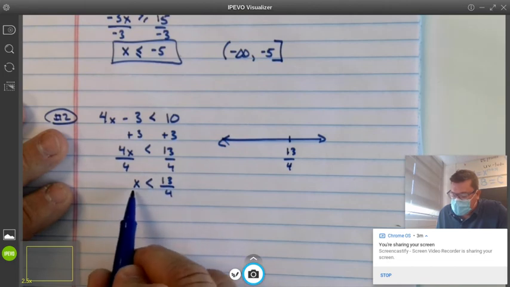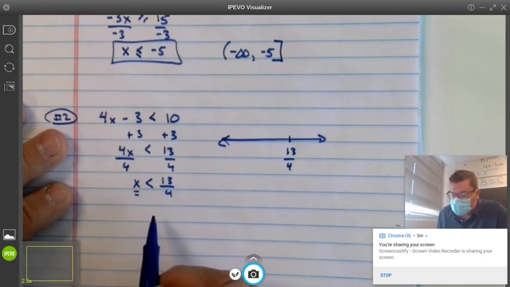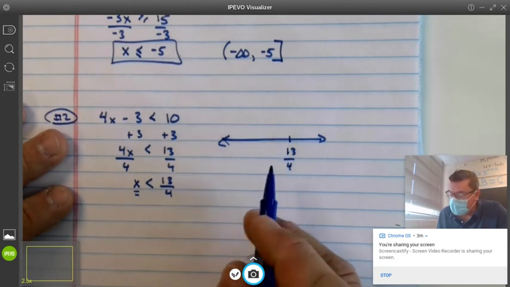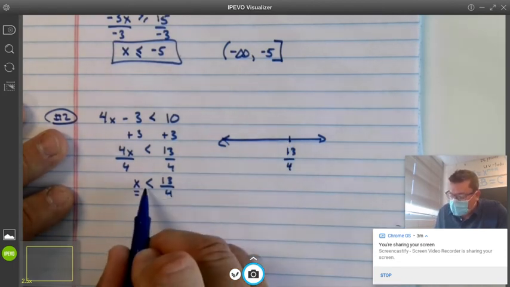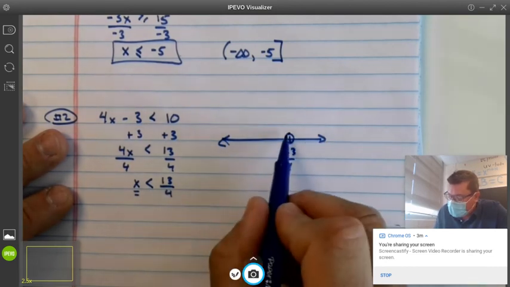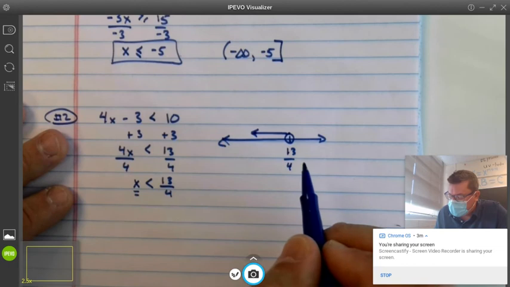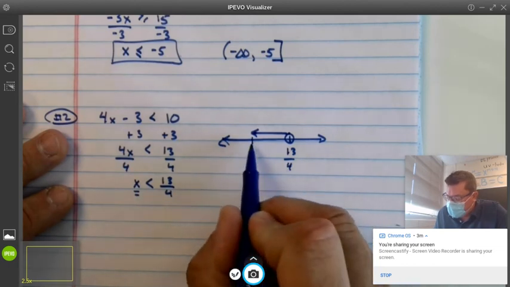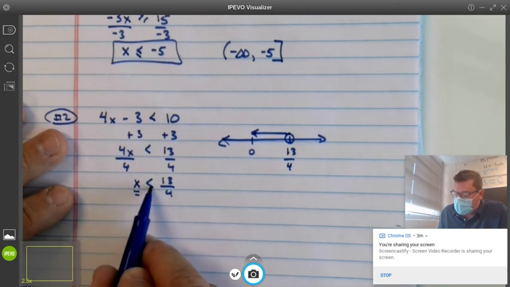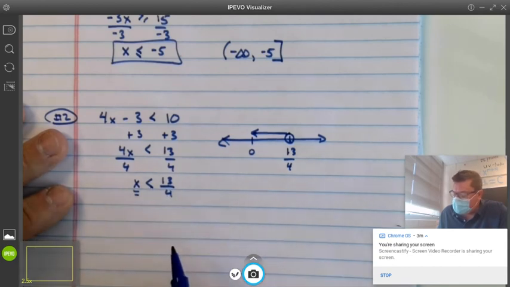The arrow, as long as the variable is on the left-hand side, will be the same direction as our arrow here. Or you can test a point. The absence of the or equal to bar means it's hollow, and we shade it to the left. In other words, if I put in a point that's in the shading like 0, is 0 less than 13/4?